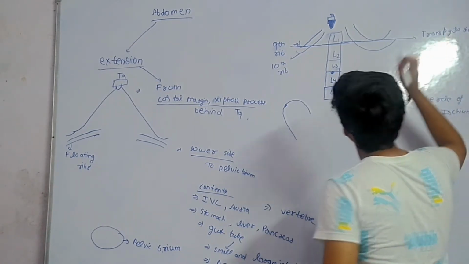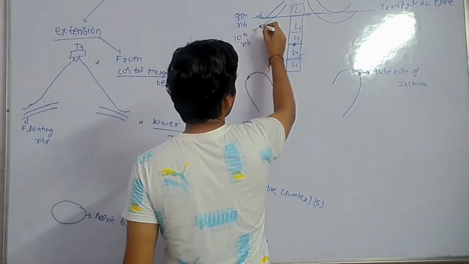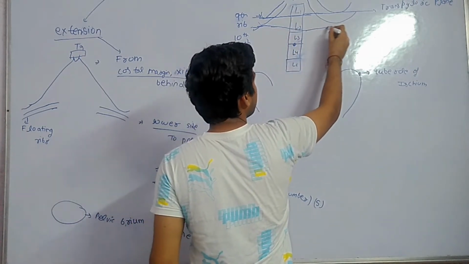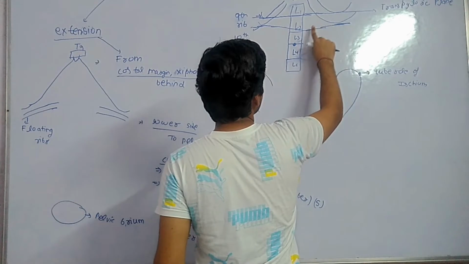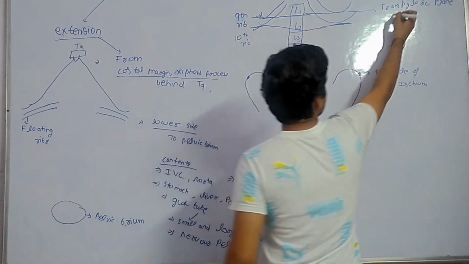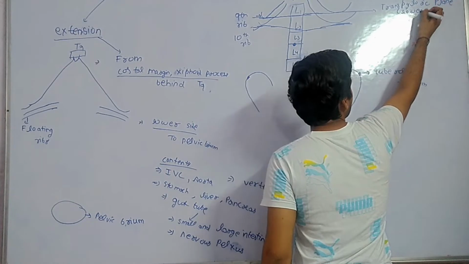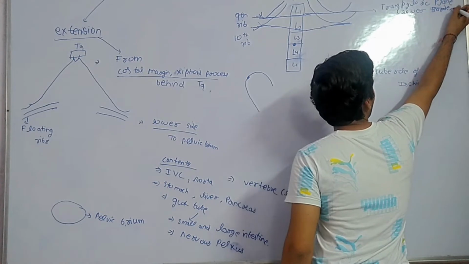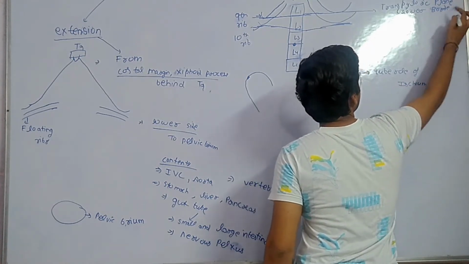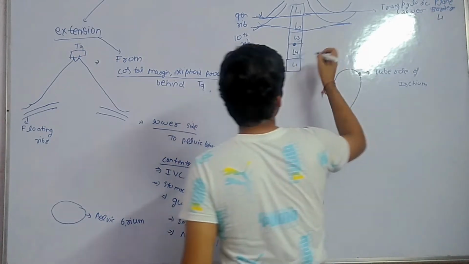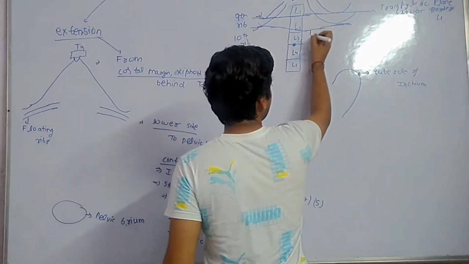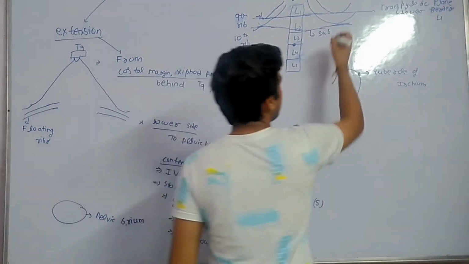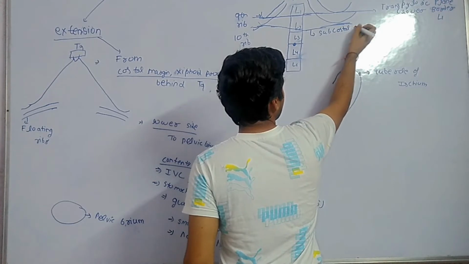Another plane passes from 10th rib, 10th costal margin, and lower border of L2. This is called subcostal plane, which passes from lower border of L2.